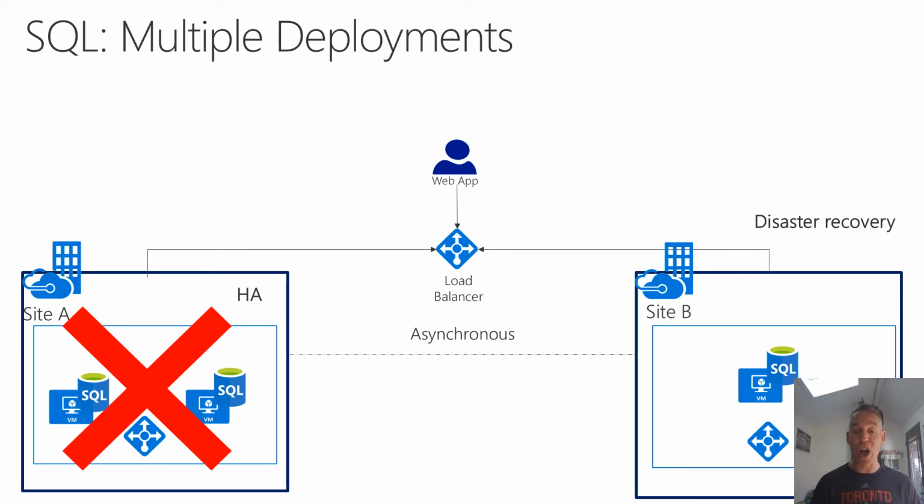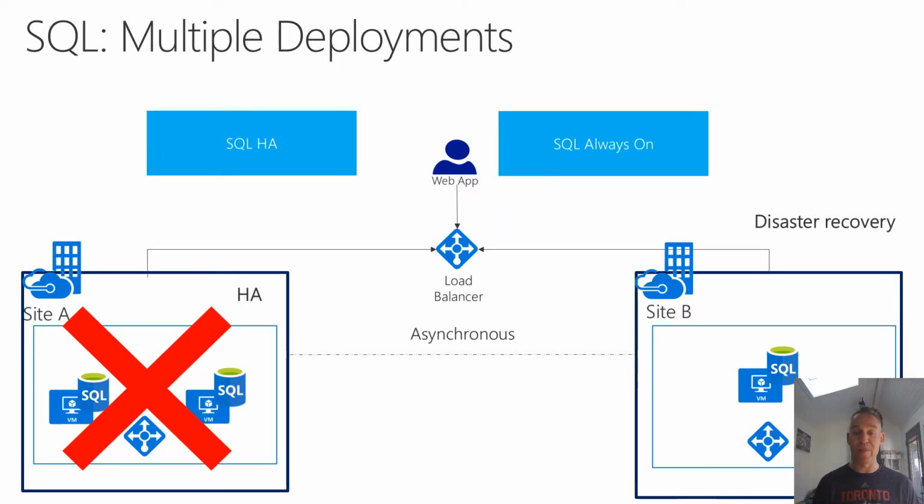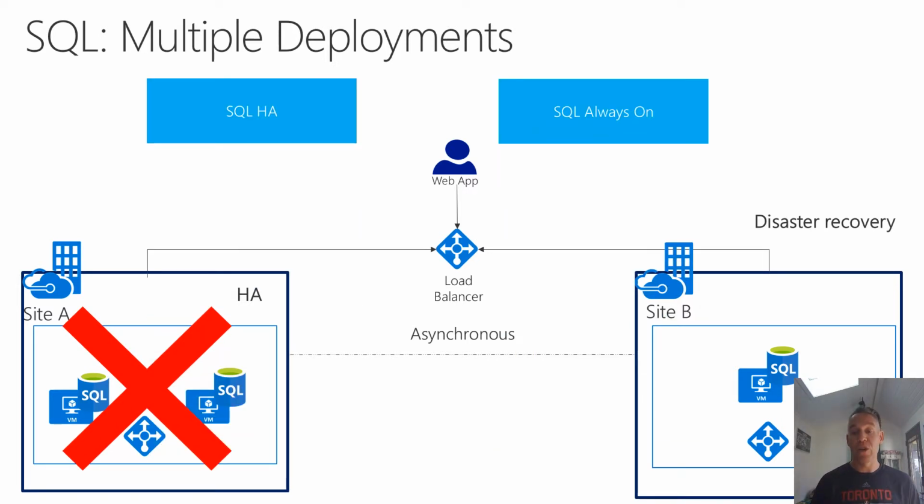Ideally, you would have a copy of that SQL database running at a second location. So that could be in a second Azure Stack instance at another data center. And you'd have a web application that's connecting to the database, and it's load balancing across the two database instances. So you'd use normal SQL Server availability techniques to do this.